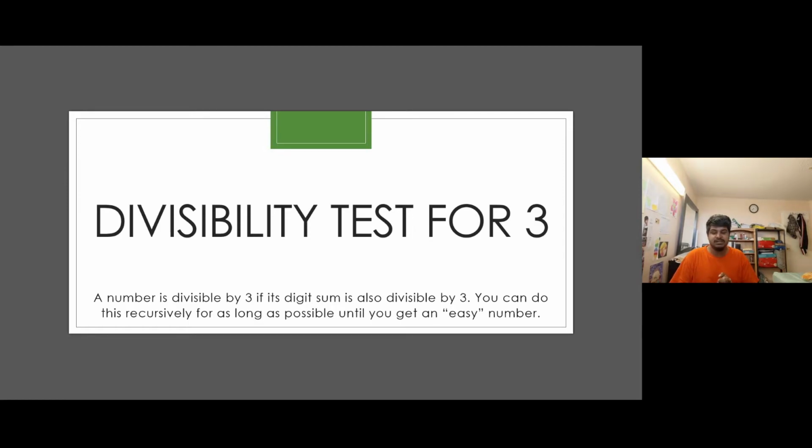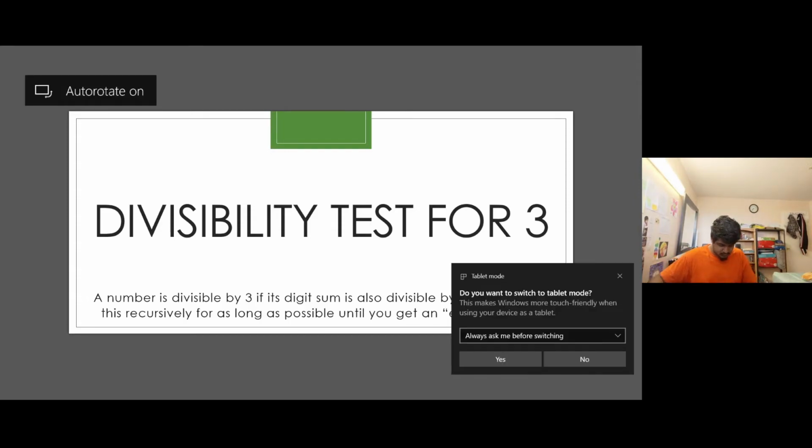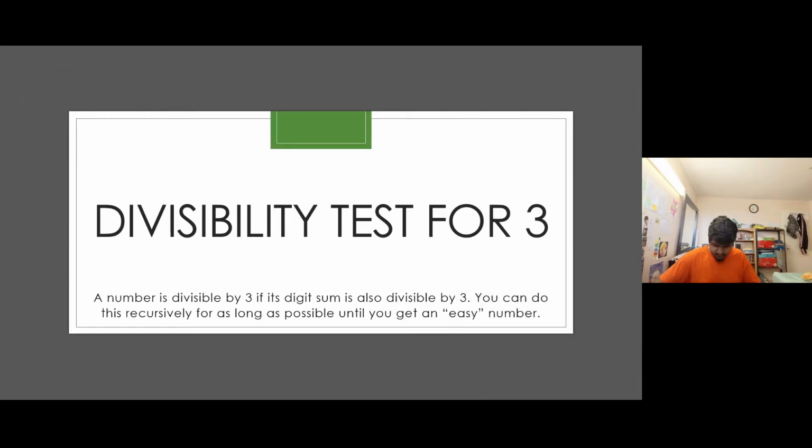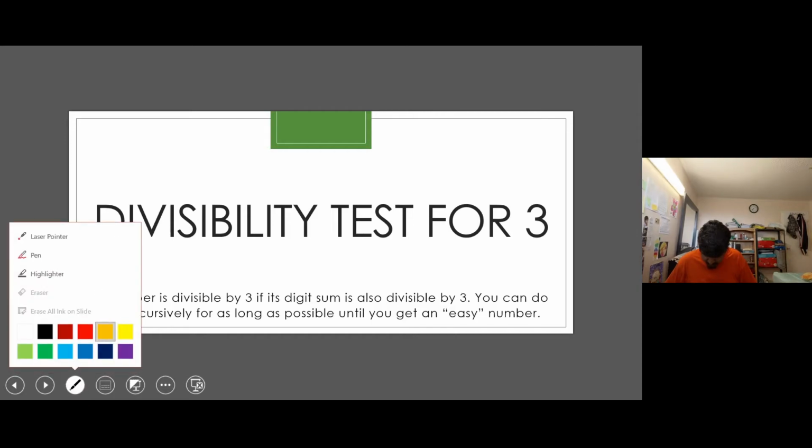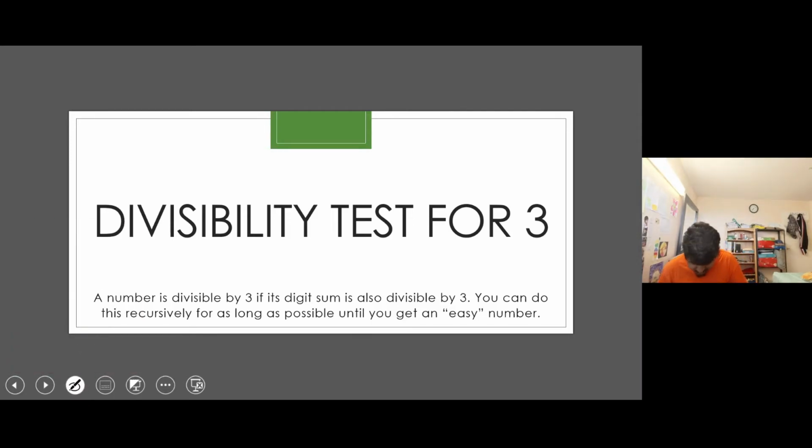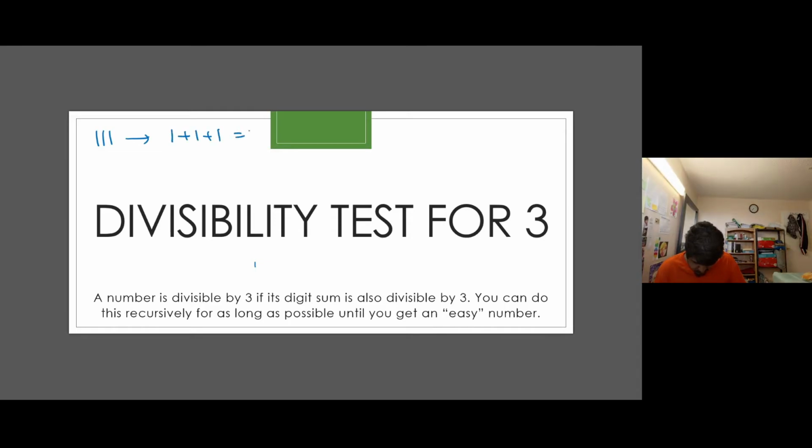A number is divisible by 3 if the digit sum is also divisible by 3, right? So it might be helpful to do another quick example here. Let's do one. So for example, let's go with 111, right? To quickly check if that's divisible by 3, you just do 1 plus 1 plus 1 which is equal to 3.